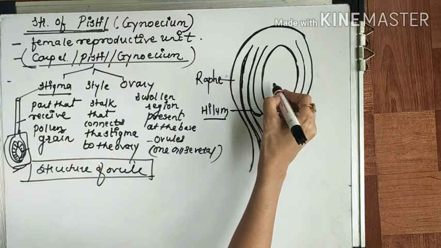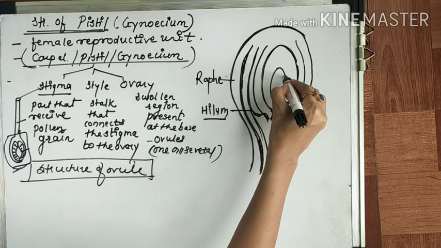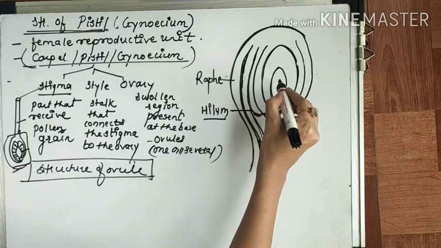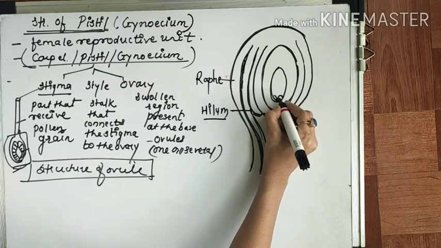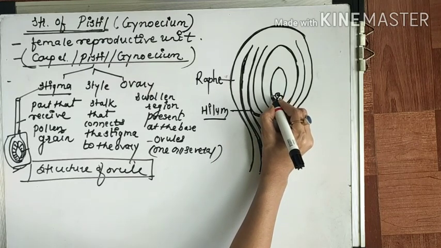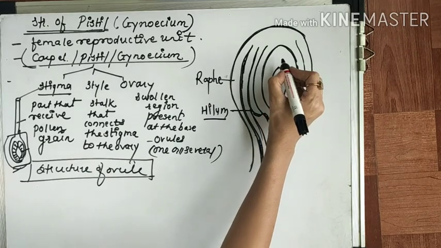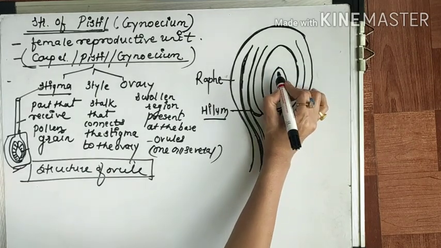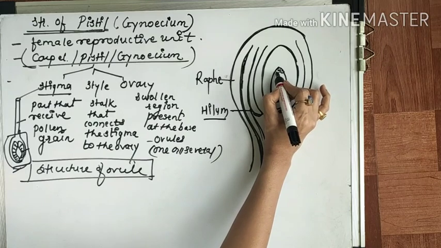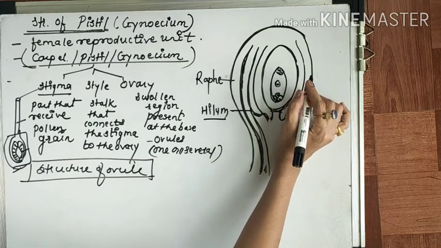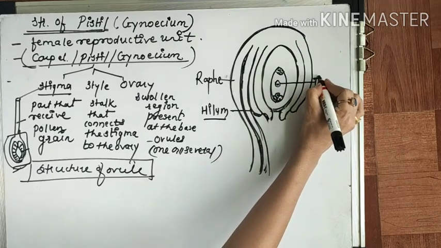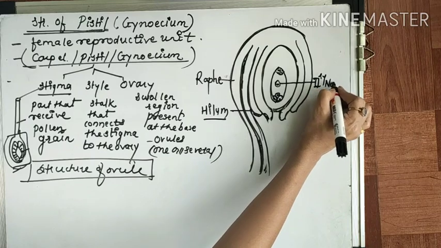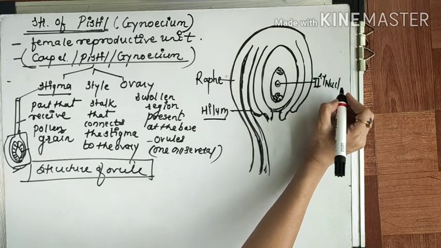Inside that the ovule is there. And here in the middle you can see that is called secondary nucleus.